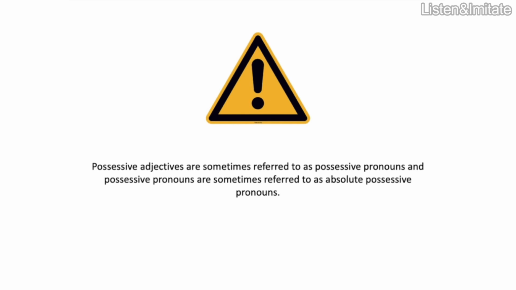This is just to explain that depending on the teacher or the grammar book or the website, you might see different names for the grammar we are about to learn next. But for the sake of simplicity in this lesson, we will be learning about possessive pronouns and possessive adjectives.